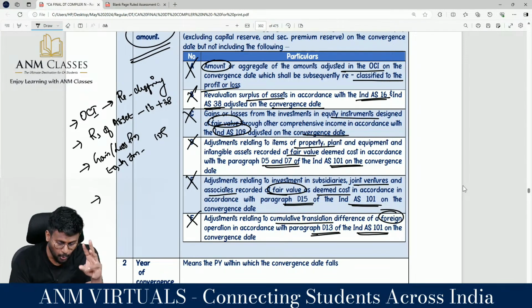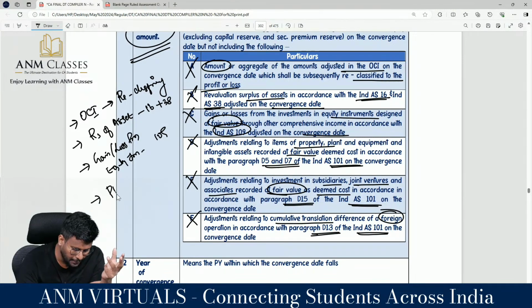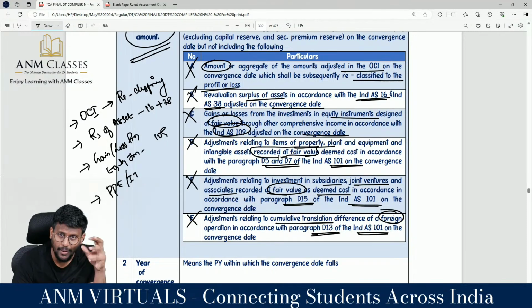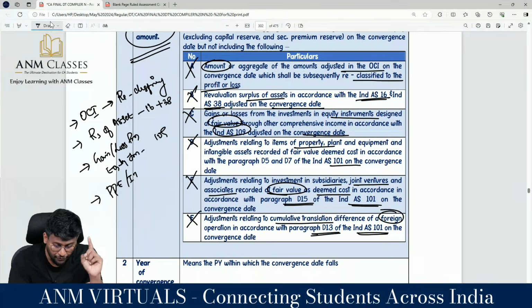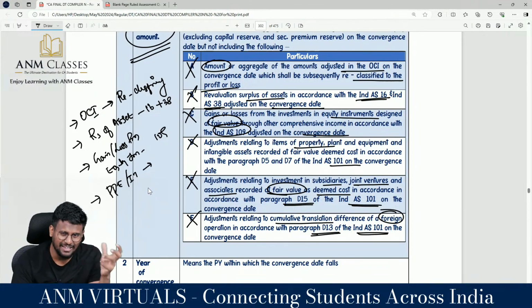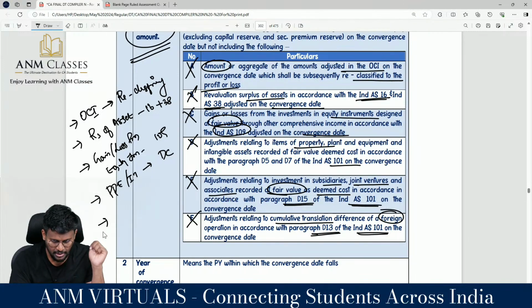Or adjustments relating to PPE or intangible items recorded at fair value as deemed cost in accordance with para D5 and D7 of Ind AS 101. So, if you are recording the PPE and intangible at a deemed cost, then that amount will not be treated as transition amount.